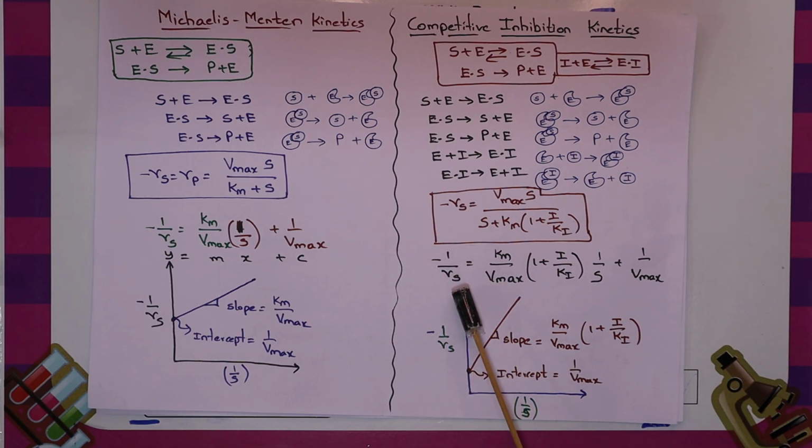Therefore, minus 1 by Rs is equal to Km by Vmax into 1 plus I by Ki, into 1 by S, plus 1 by Vmax. That means if I plot this equation with minus 1 by Rs on the y-axis and 1 by S on the x-axis, there will be a line which has the slope of Km by Vmax into 1 plus I by Ki.